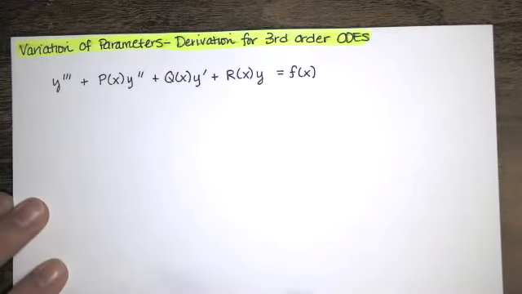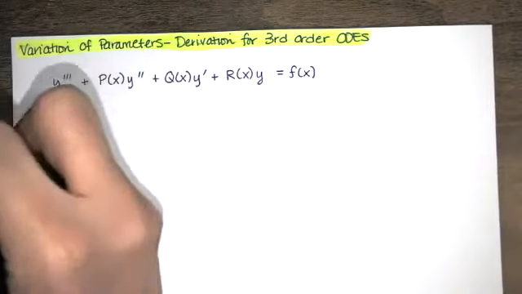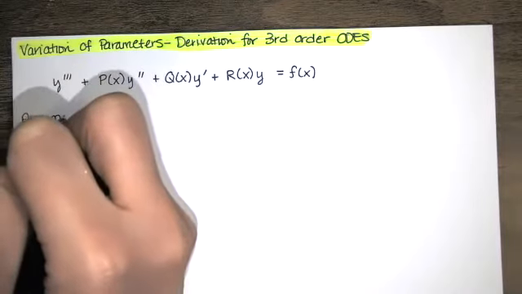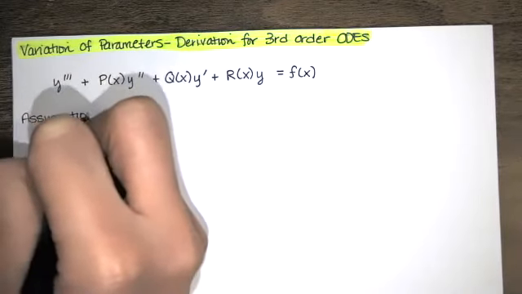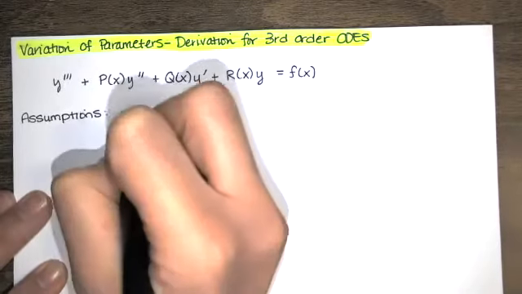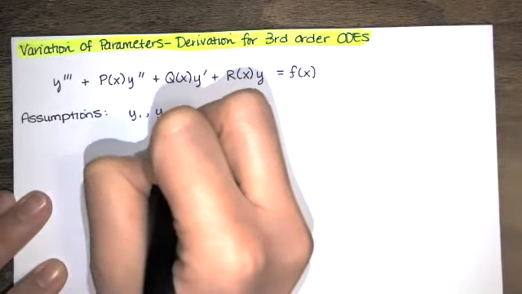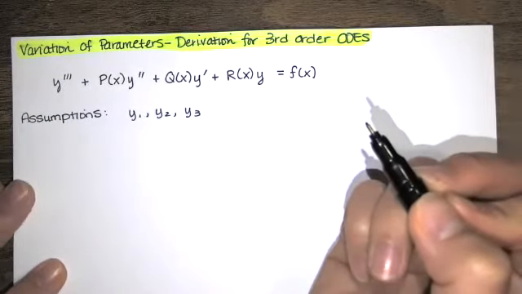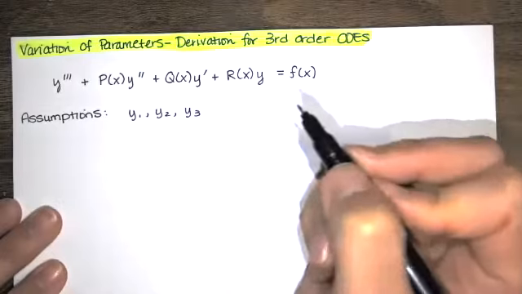Then in that case, assuming that y1, y2, and y3 are solutions to the corresponding homogeneous equation, this is your linearly independent set of solutions, that fundamental set of solutions.